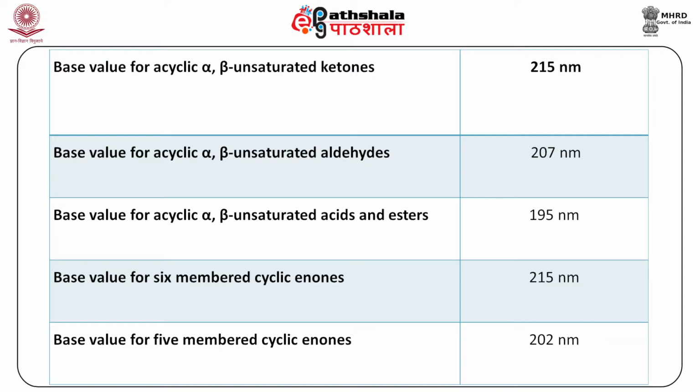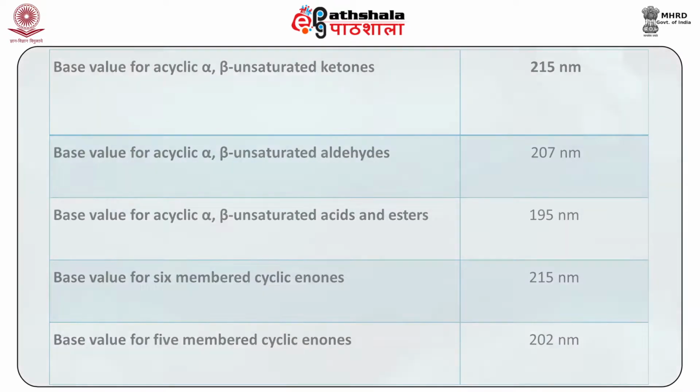For cyclic enones, with one ene from unsaturation and one from carbonyl, it is 215 nanometers. The base value for 5-membered cyclic enones is 202 nanometers.